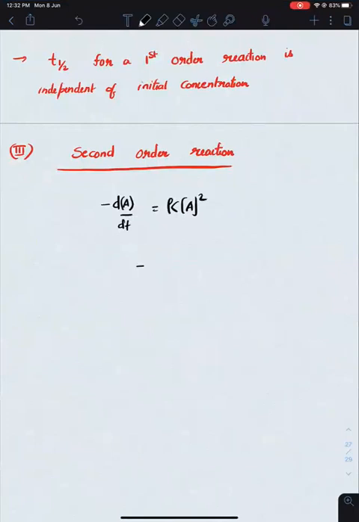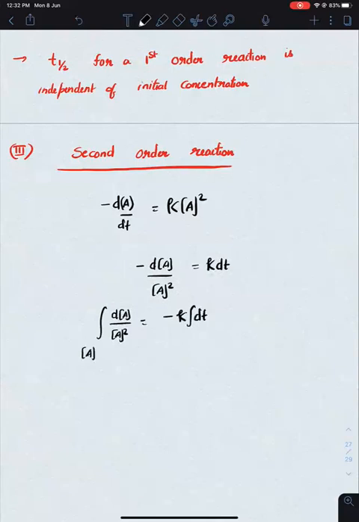It will be minus dA upon A part 2 equals to K times dt. If we are integrating, integral dA upon A part 2 is equals to minus K times integral dt.